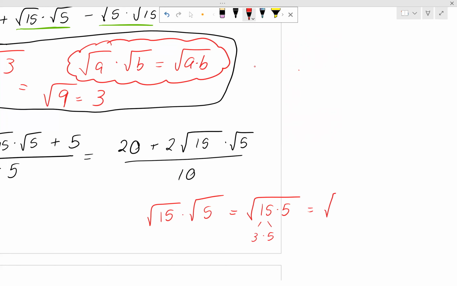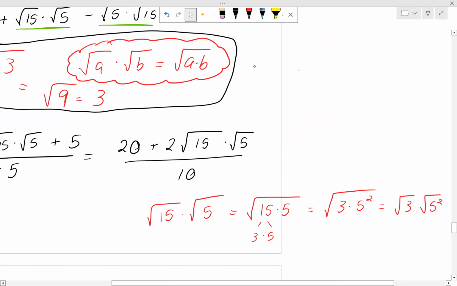So I get square root of 3 times 5 squared. And I can break this up into square root of 3 times square root of 5 squared. And I know that square root of something squared gives me back whatever I'm squaring. So in this case, it'll be that 5. So I get 5 on the square root of 3.